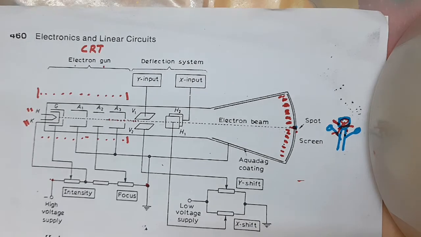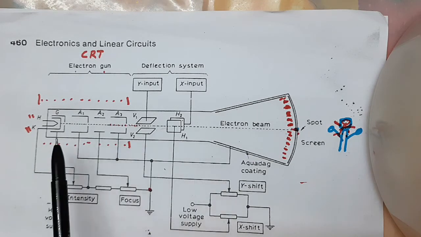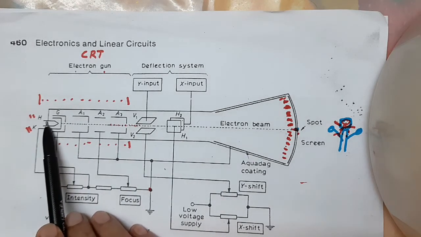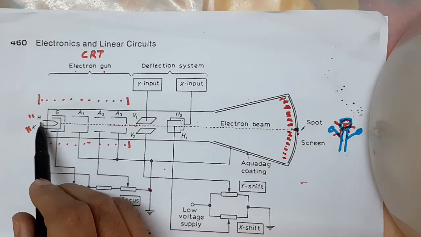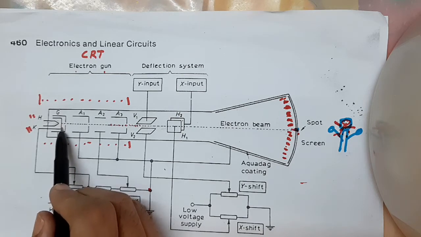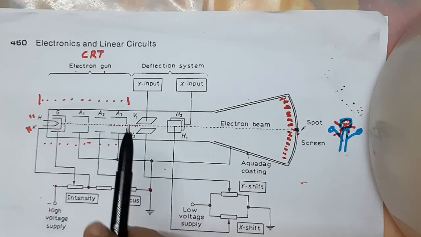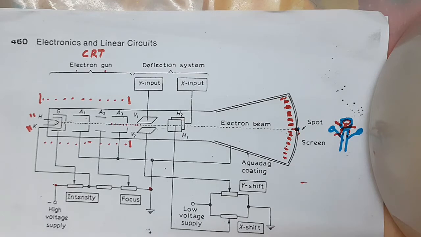Now, from the figure we just revise the structure. This is your heater; when heat is generated, this is our cathode, through which a number of electrons are generated. A1, A2, A3 are the three different anodes.